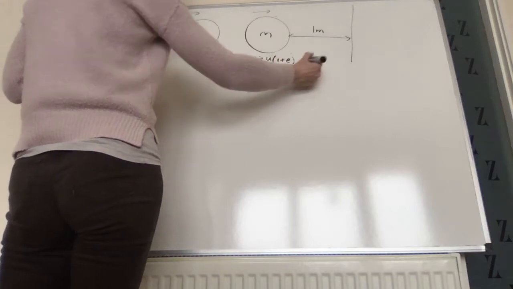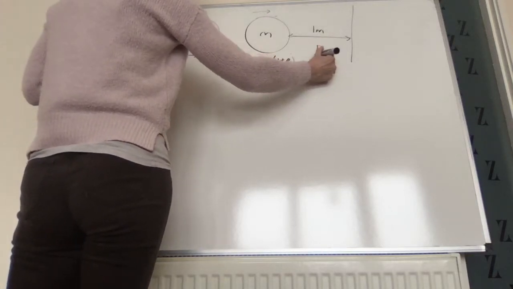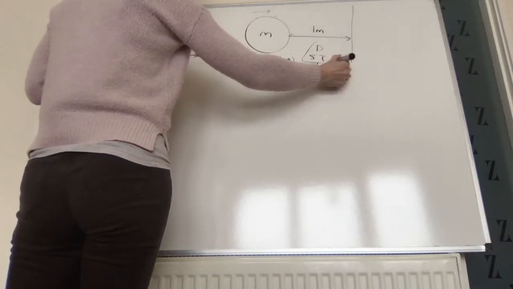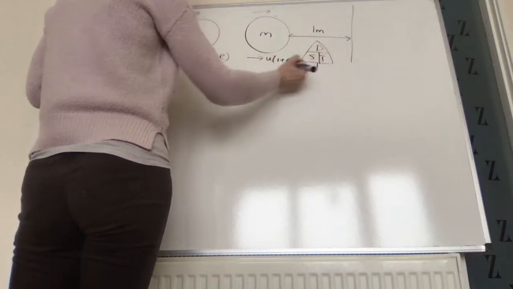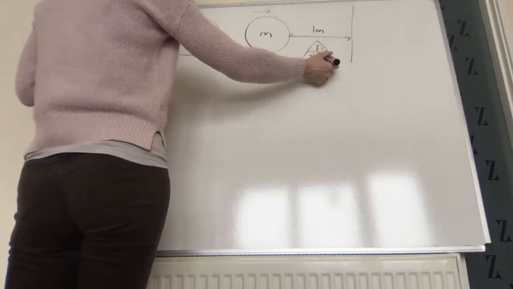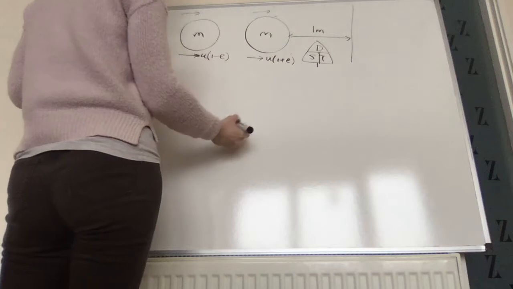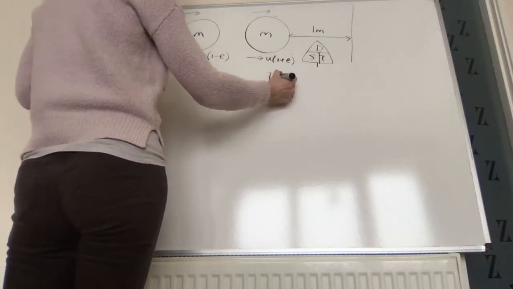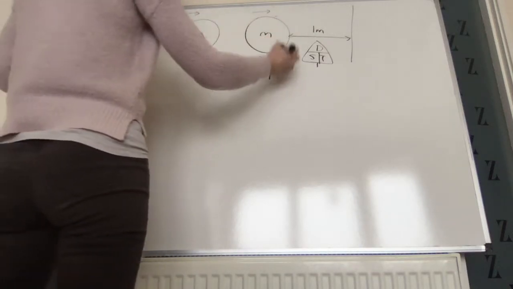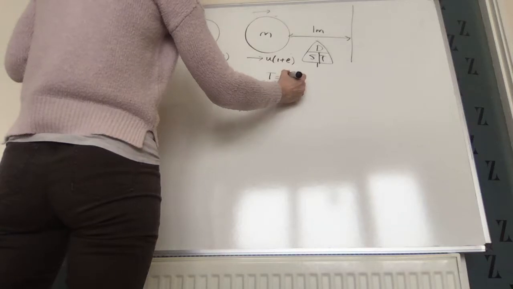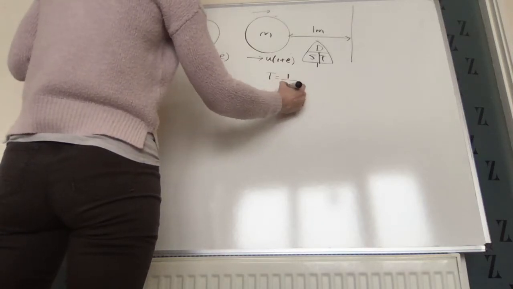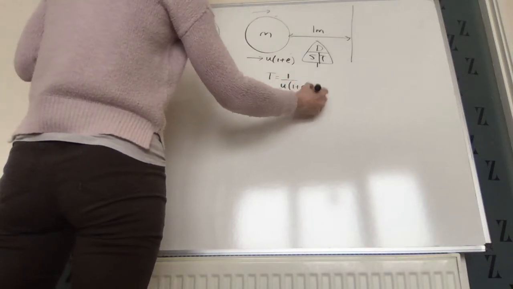We want the time. So time is distance divided by speed. So the time that it's going to take to hit the wall is 1 over u times 1 plus e.